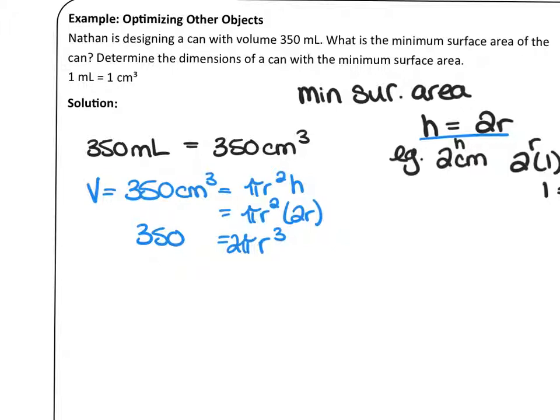We're going to solve for r cubed, so we're going to divide the 350 by 2 pi. So we're going to move that 2 pi out of that side. 350 divided by 2 times pi is 55.7, and that's r cubed.